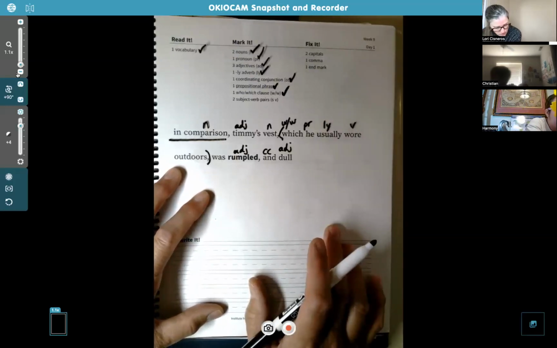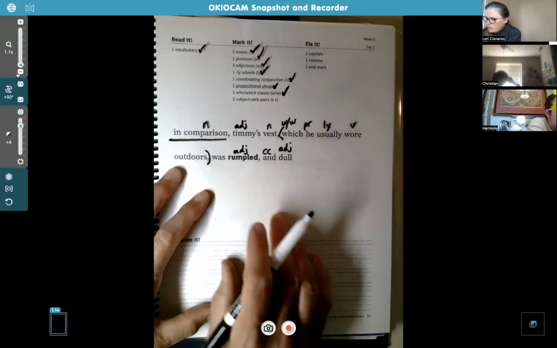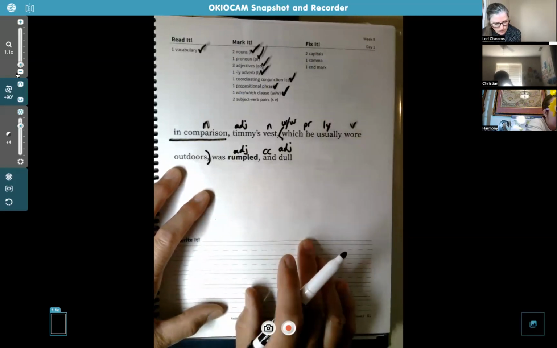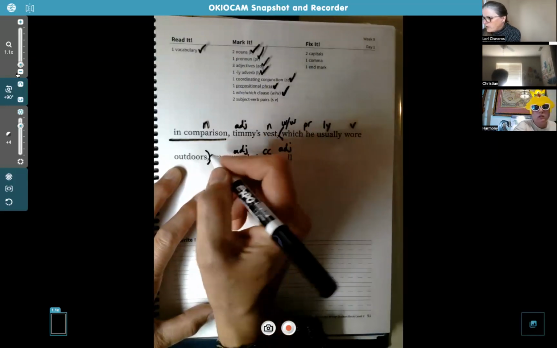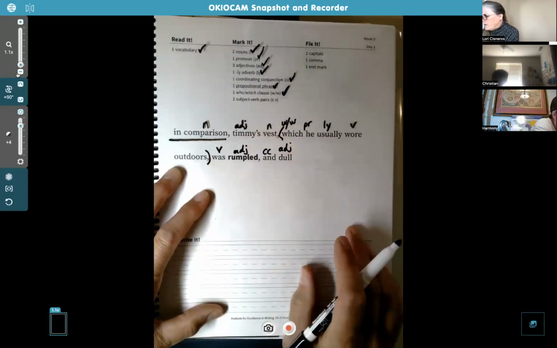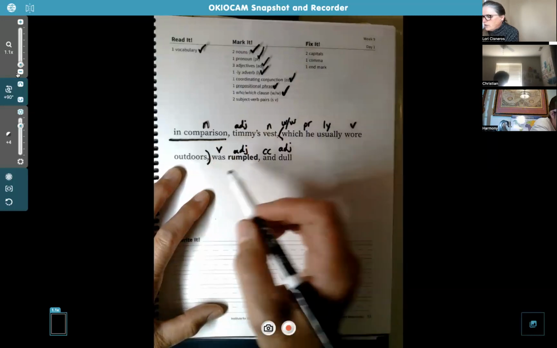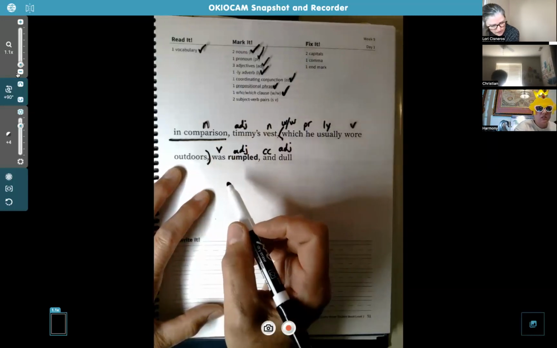Good. What else? Do the verbs first. Let's do just the verbs. She's not asking for the subject yet. There's only one more left, and it's actually a linking verb. Was. There you go. Good. Those are the two verbs, wore and was.